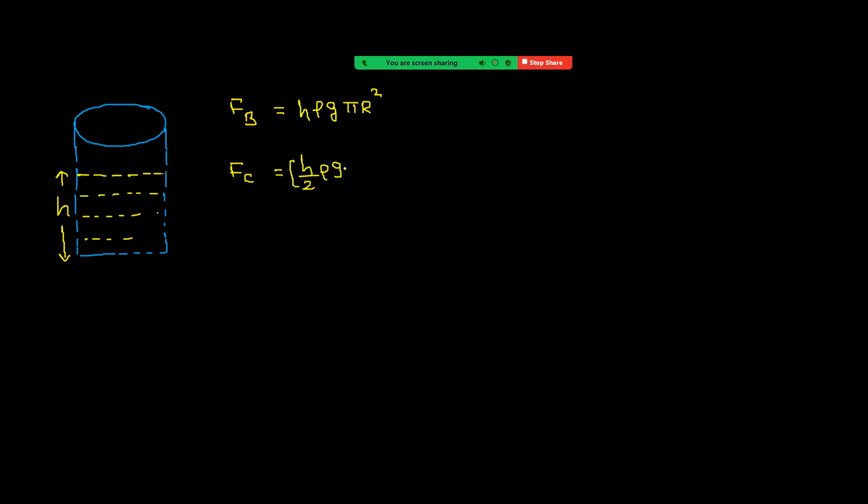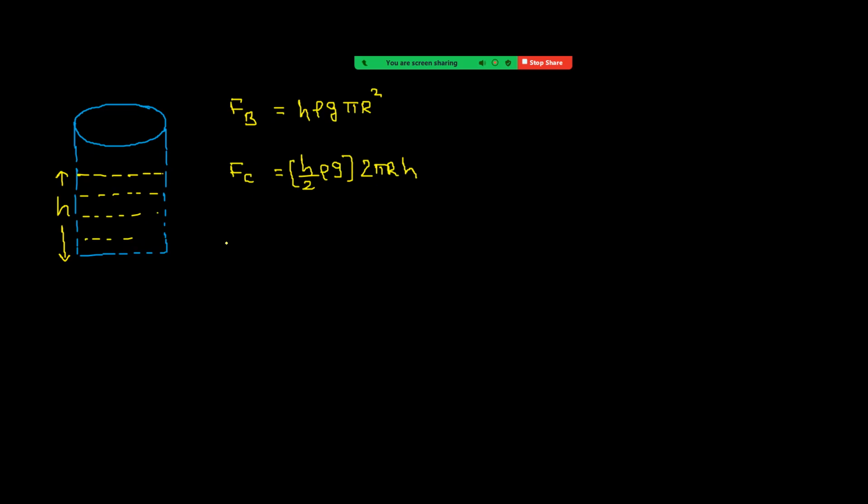This is pressure into the corresponding area. The area of the curved part, with length equal to h, is 2 pi r into h. This is the force acting on the curved part.